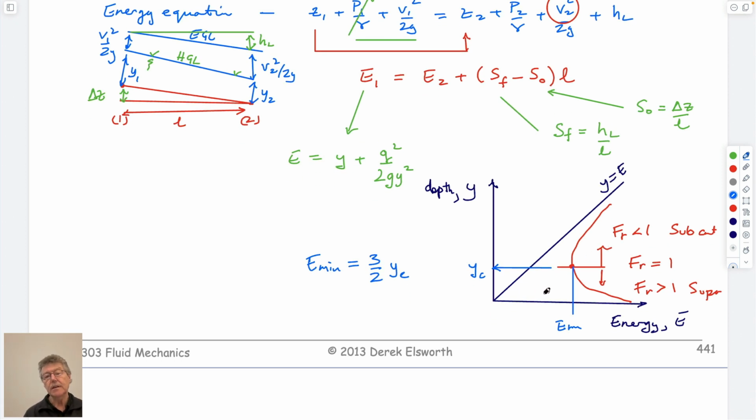And so the important point was that if we sit at some kind of flow, so you can get this curve if you know that Q is equal to 5 meters squared per second, then you can calculate E is equal to Y plus Q squared over 2g Y squared, just by taking Y equals 0, which would be this point here, then 1, then 2 to 10.